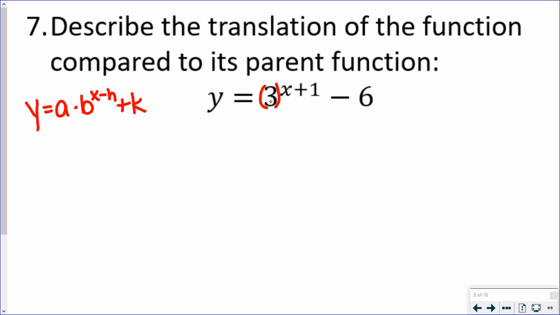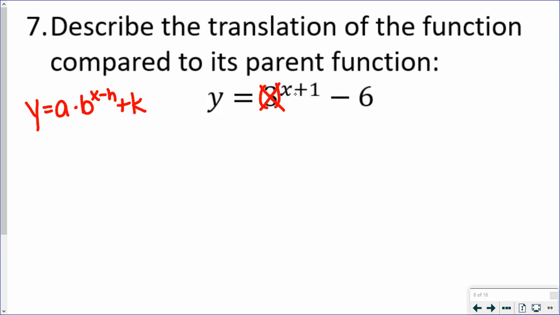I know on the practice test there were some people that said if you saw this number 3, it was steeper. It's only steeper if there was an additional A value in front, like 2 or something like that. Or a fraction would make it increase slower or be a little wider. So this 3 is the base. It does not do anything, so ignore it.